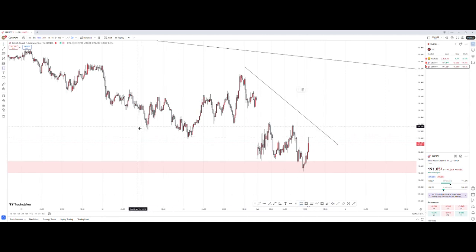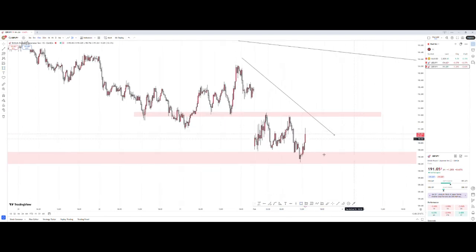You can see we have this support turned resistance over here. Since the market is in a downtrend in the higher time frame and in a downtrend in the 15 minutes time frame, all I'm expecting is for price to come back to my zone over here. This is a support which has become a resistance, and then I take my sell to the downside.